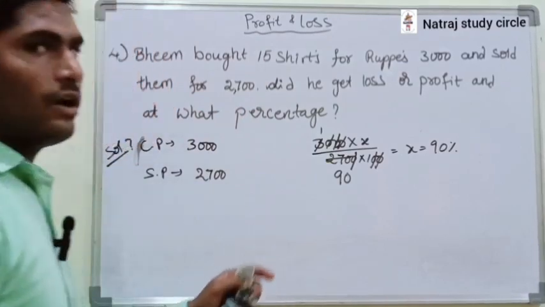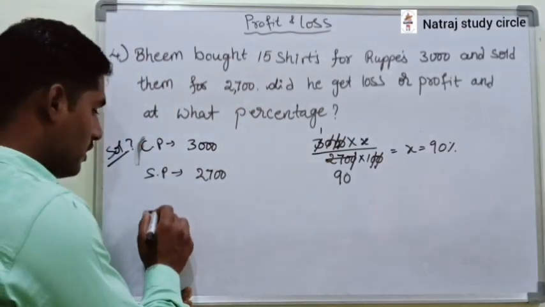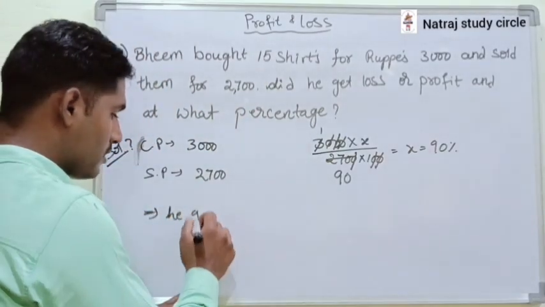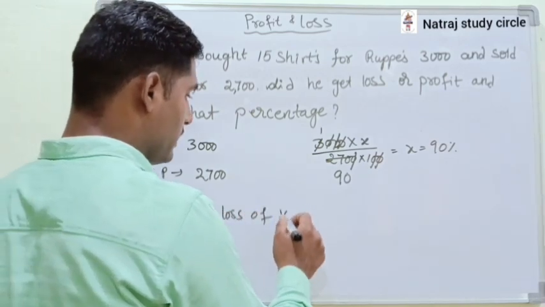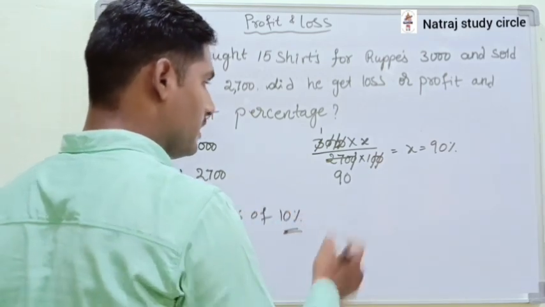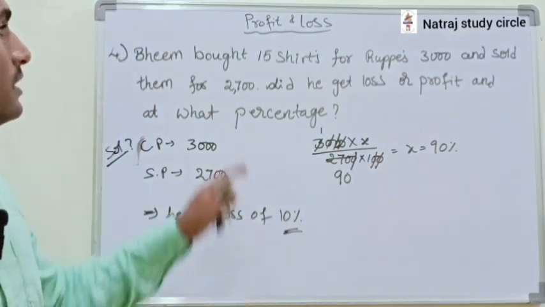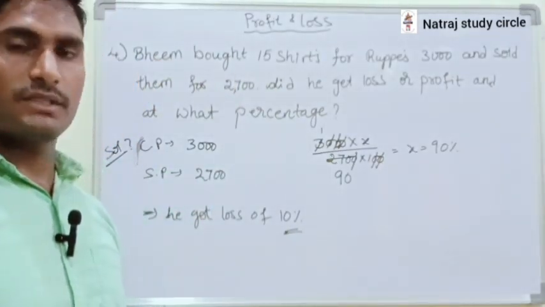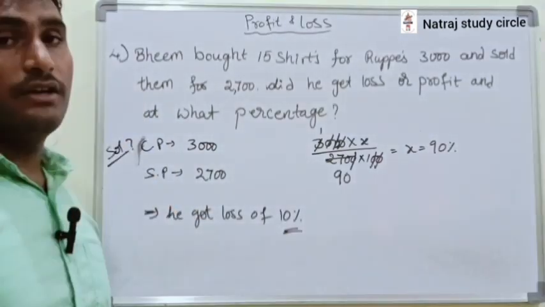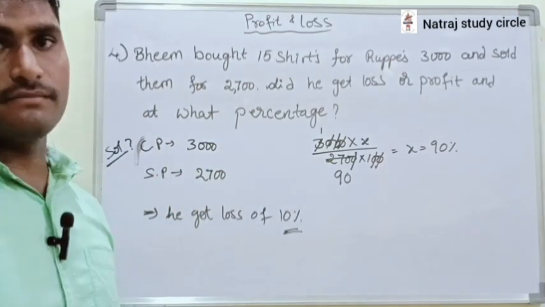So he got a loss of 10% on selling the total 15 shirts. Okay, clear. So next let's do the fifth question.